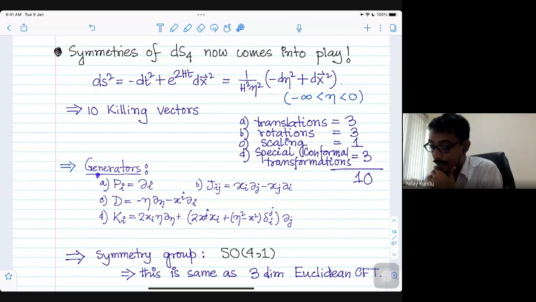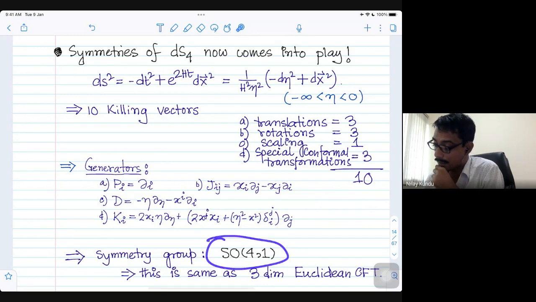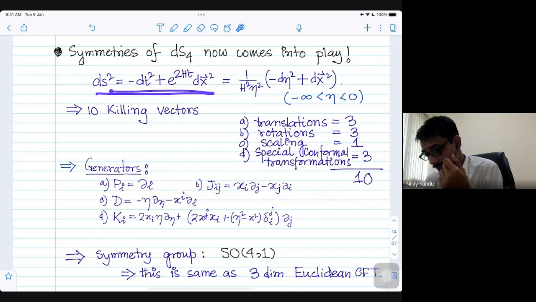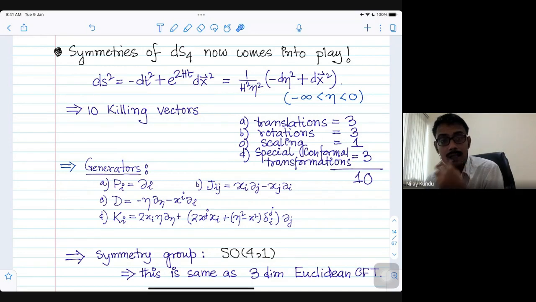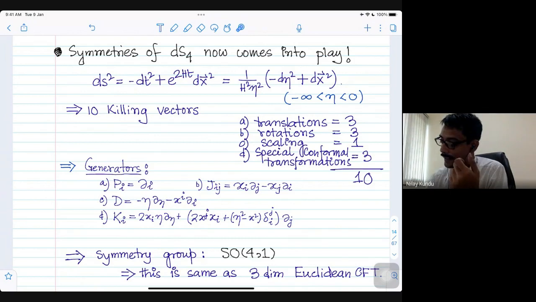And the algebra that is satisfied by these generators happens to be SO(4,1), the special orthogonal group with signature (4,1). Why 4,1? Because you can embed the 4-dimensional de Sitter space in a 5-dimensional flat space as a hyperbolic slice, but with 1 time and 4 space-like coordinates. That's why this 4,1.